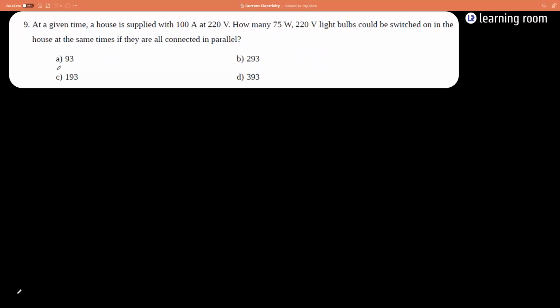At a given time, a house is supplied with 100 ampere and 220 volt. How many 75 watt bulbs, each operated at 220 volt, could be switched on in the house at the same time if they are all connected in parallel?